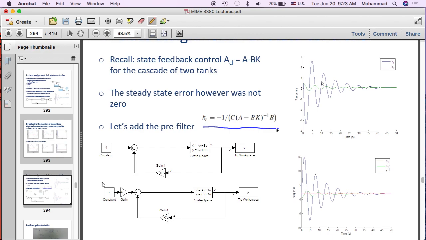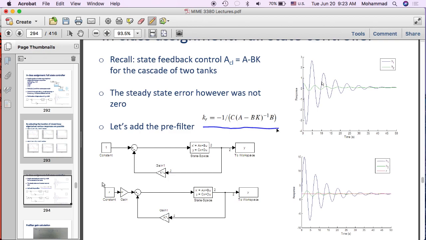It's equal to -1 over matrix C of open loop times A of open loop minus B of open loop times K, which is what we have found as the controller gain vector for state feedback control, inverse times B. So we need A, B, and C, the 3 matrices of the open loop system, and we need the controller gain vector K. We need to put all of them together in order to calculate the pre-filter. That would give us zero steady state error.